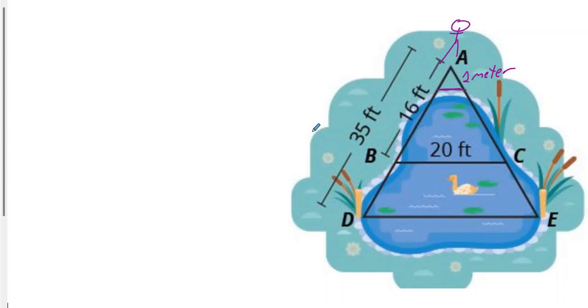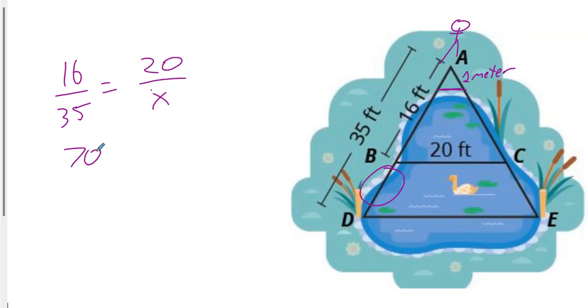So 16 relates to the whole length. Notice if we just knew what this was, I'd have to add it, but we're given 35 equals 20, because this is the length across, and this is the length aside, 20 over x. So I'll cross multiply this, get 20 times 35, 700 equals 16x.